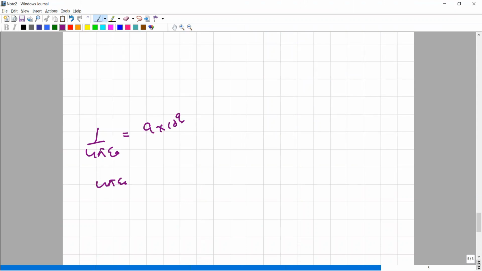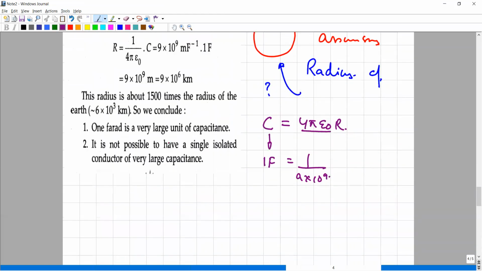Obviously, 4 pi epsilon naught will become 1 by 9 into 10 raised to 9. Very simple. Now if this value is 4 pi epsilon naught R, then this radius should be 9 into 10 raised to 9. Then only these two cancel out and this will become 1 farad. That means the value of the radius should be 9 into 10 raised to 9.